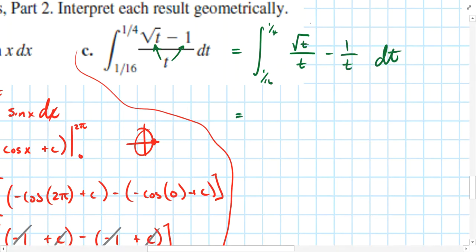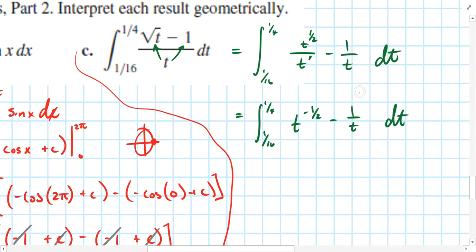Now mentally I'm going to think of this square root as a 1/2 power. And now if I have a 1/2 power over a power of 1, I'm going to treat that as t to the negative 1/2 power. So there's a little bit of mental math that's going on here. 1/16, 1/4, t to the negative 1/2 power minus 1 over t with respect to t.